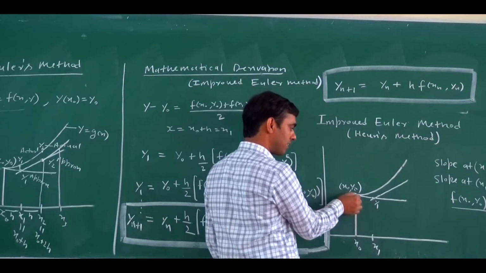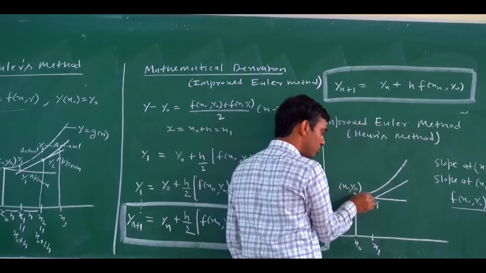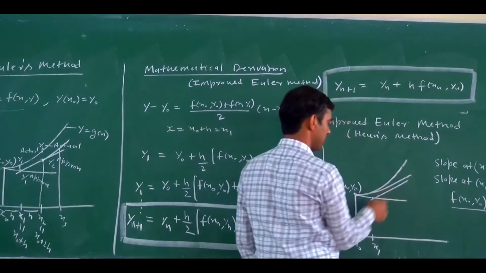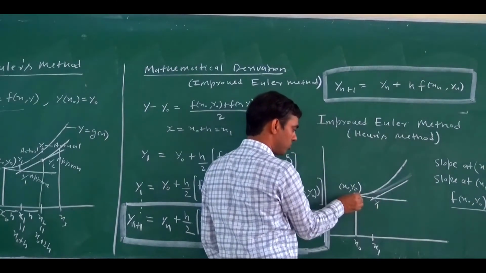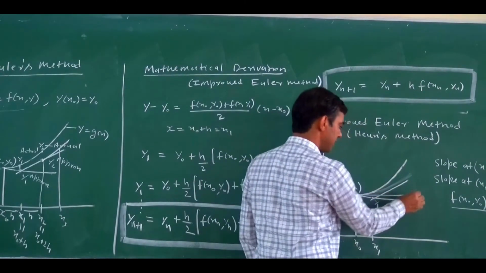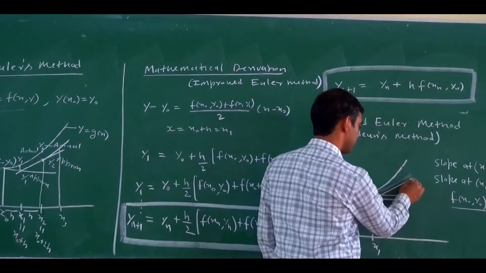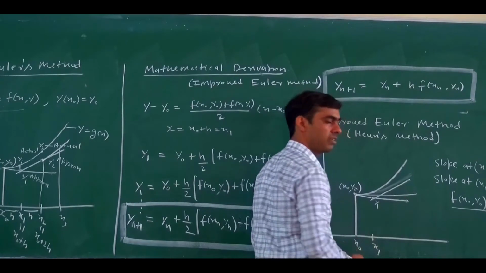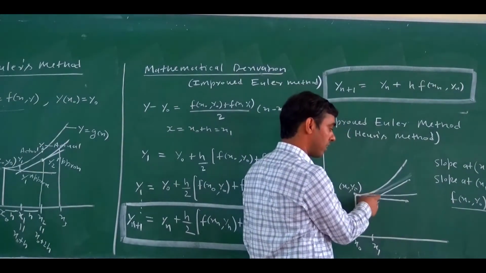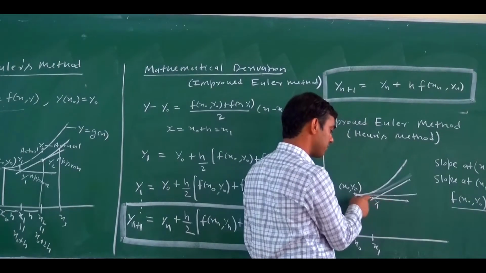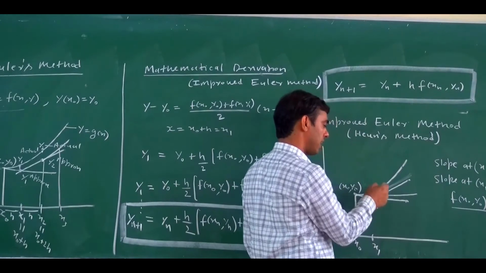So what is the equation of this tangent? It must pass between these two straight lines, between this tangent and this tangent, because this is the tangent with the average slope of the tangents at x0, y0 and x1, y1.